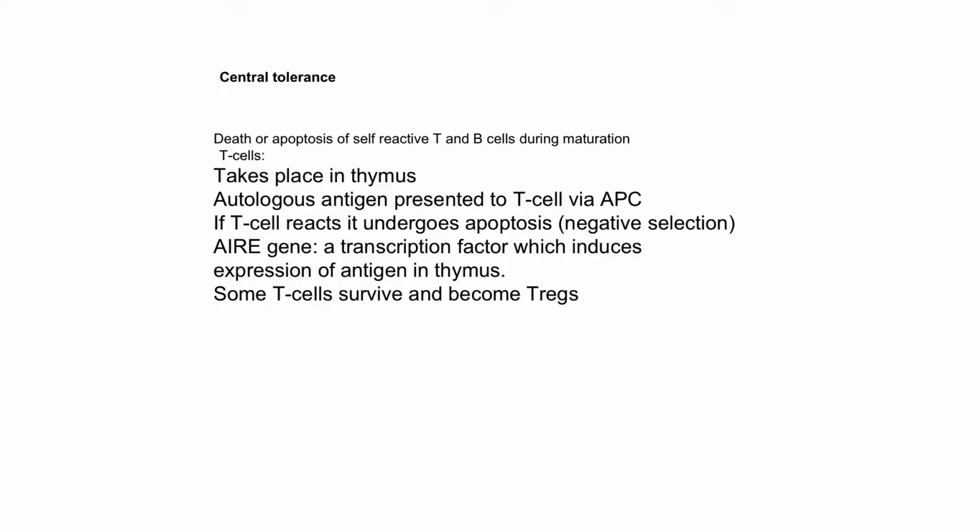And if that developing T cell reacts to this, it will automatically undergo apoptosis. And this process is known as negative selection. This is all controlled by a gene called the AHAAH gene, AHAAH gene, which produces a transcription factor which induces the expression of antigen in the All right, ladies and gentlemen, let's not finish that one.